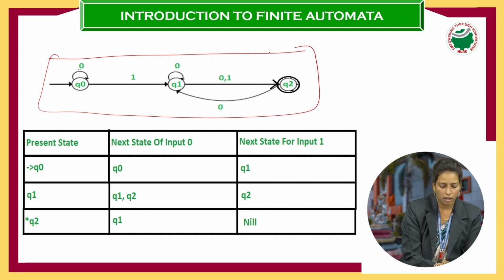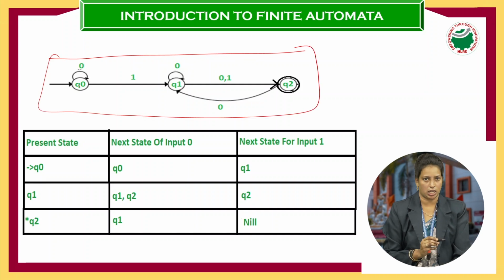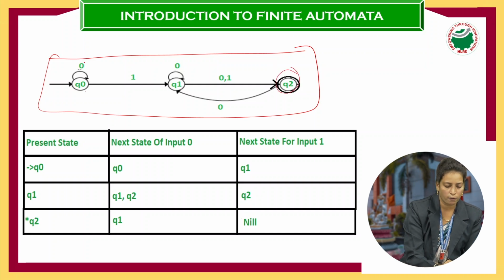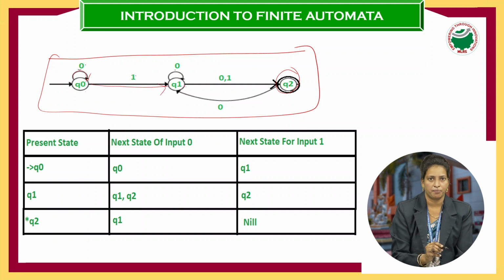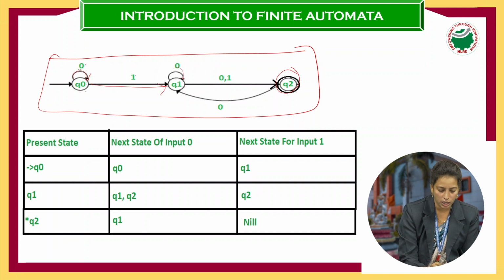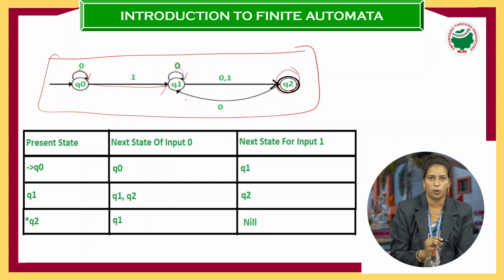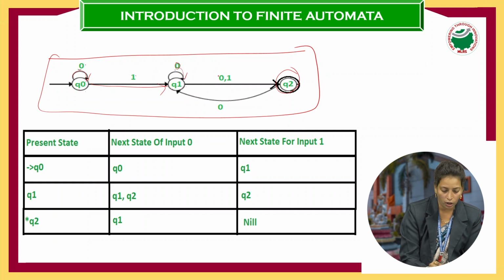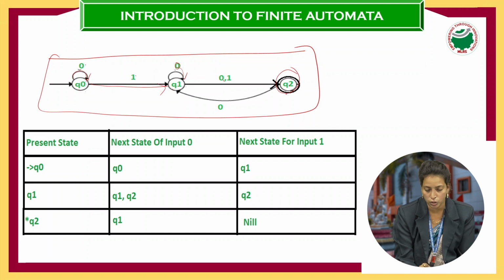Here Q0 is the initial state. Q2 is my final state. Q0 of 0 is a transition function: Q0 of 0 moves to Q0 only. Next, Q0 of 1 moves to Q1. Next, Q1 of 0 moves to Q1, and Q1 of 0 also moves to Q2.